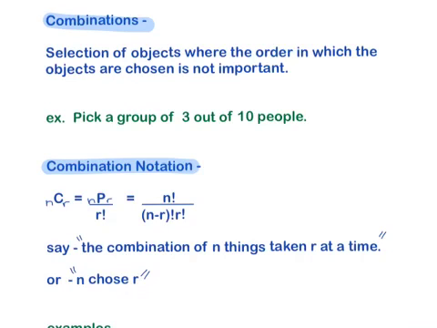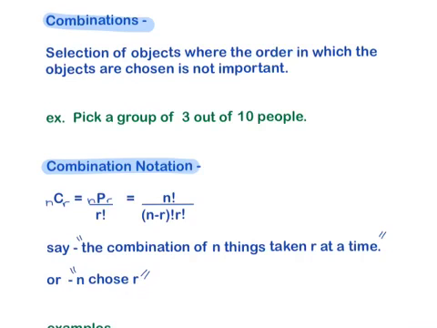So what ends up happening with our formula for combination, and I use a C here for combinations, I'm going to take my permutation of n things taken r at a time, but I'm going to divide out the r factorial because I'm going to divide out the ones that are repetitive, the ABC and the CAB, which are the same thing.